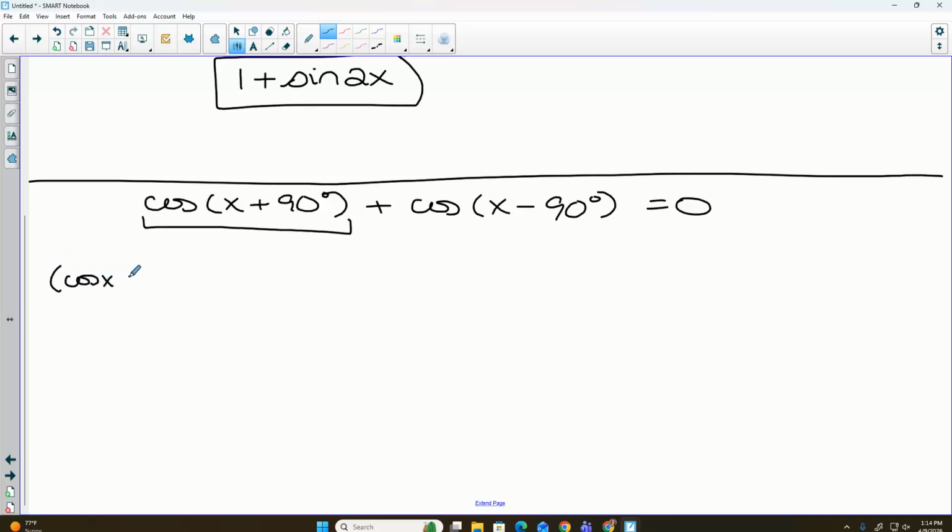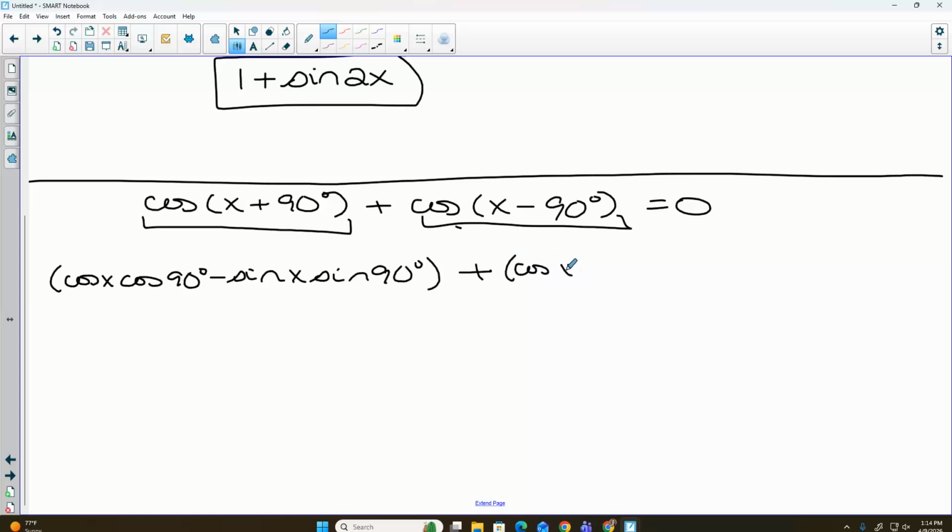Cosine of the first, cosine of the second, minus sine of the first, sine of the second. Plus, over here, cosine of a minus b. So we'll go to my formula sheet, cosine of the first, cosine of the second, plus sine of the first, sine of the second.